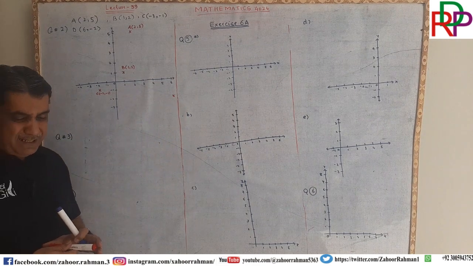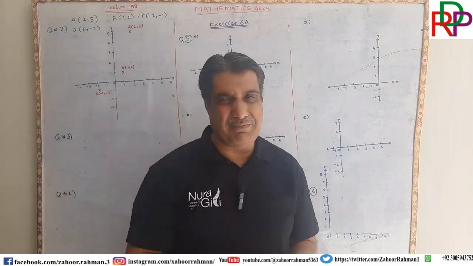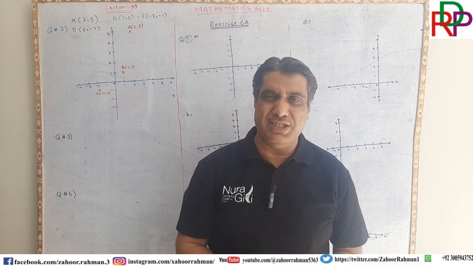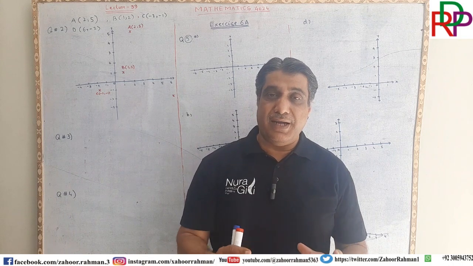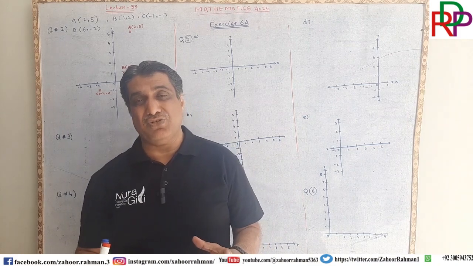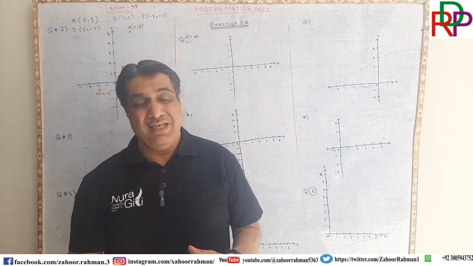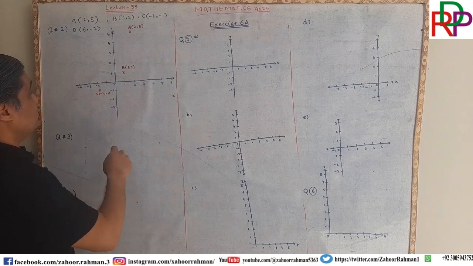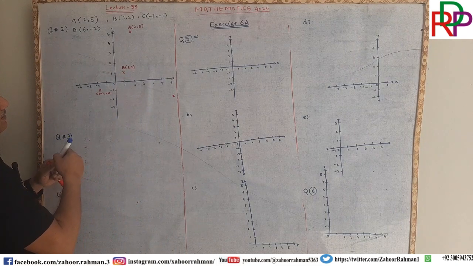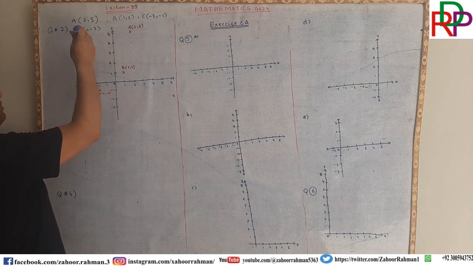Ladies and gentlemen, because I am a Cambridge certified teacher, when we were doing the training, the principal examiner of Cambridge told us to use a cross instead of a dot.